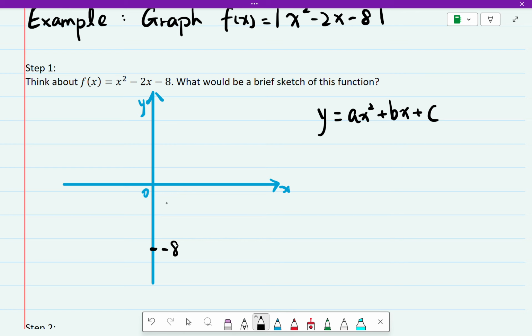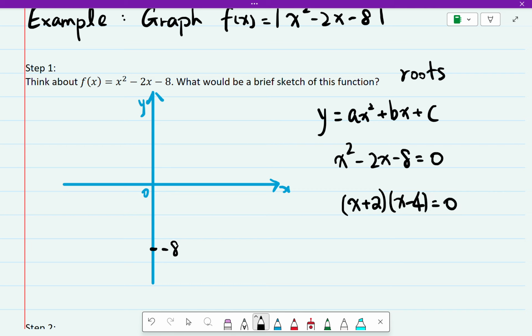And also, we want to know the two x-intercepts or the roots of this quadratic function. The way to do so is to set this x squared minus 2x minus 8 equal to 0. Then we factor, and we will get x plus 2 times x minus 4 equal to 0. Based on the zero product law, we have x equal to negative 2 or 4.